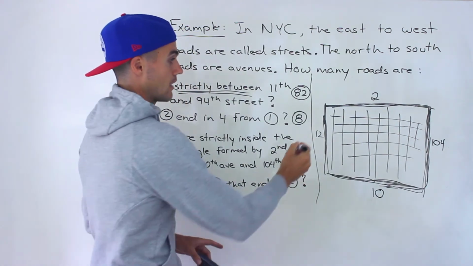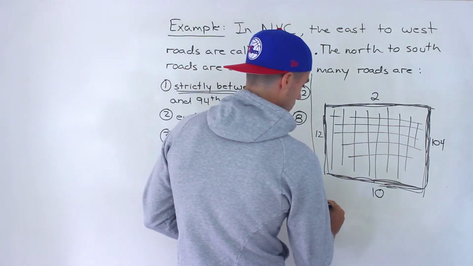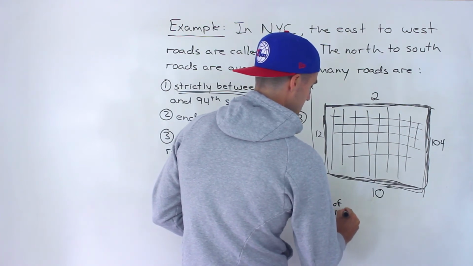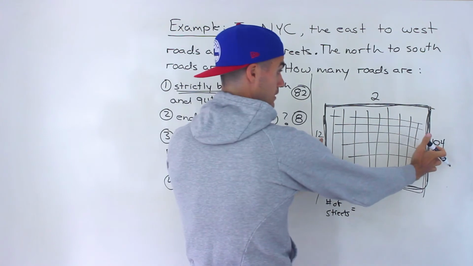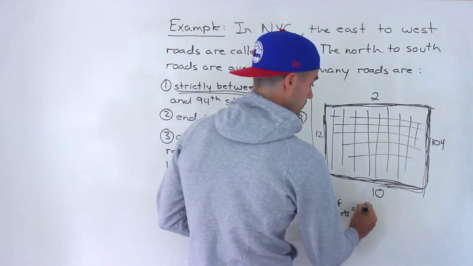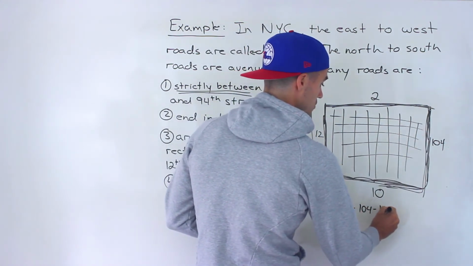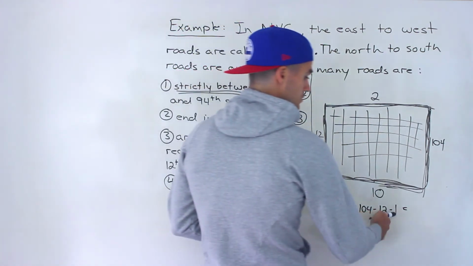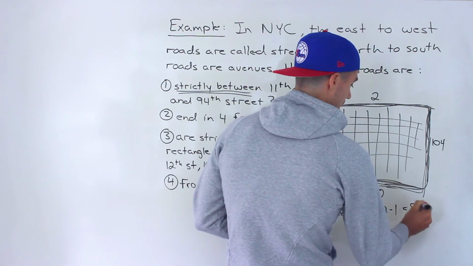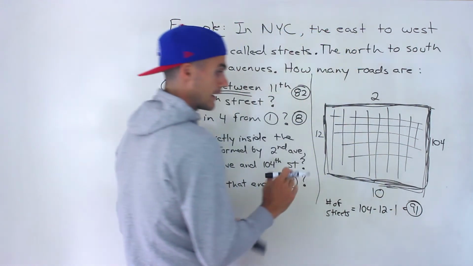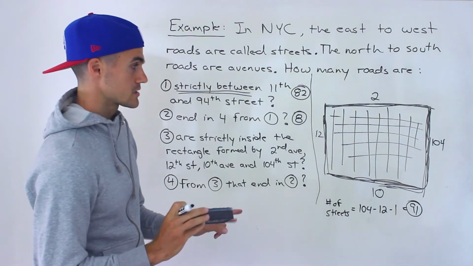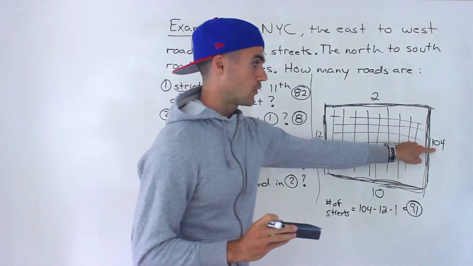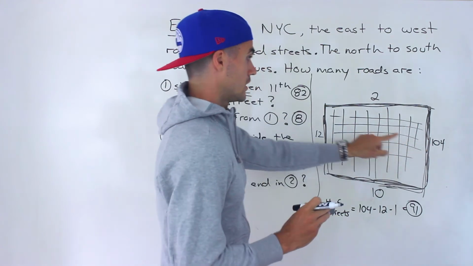To count the number of streets inside this rectangle, strictly between 12 and 104, it would be that same pattern, 104 minus 12 minus 1. That would be 92 minus 1, which gives us 91. So there are 91 streets strictly between 12th Street and 104th Street.